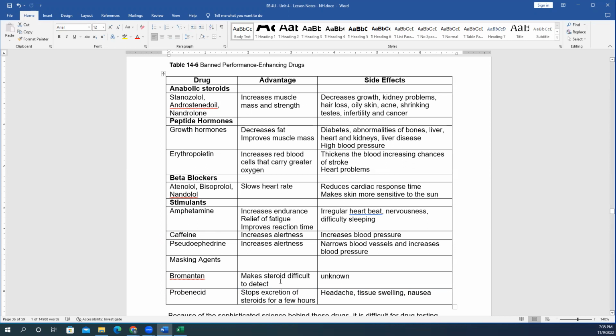And it also shows the advantage that they might give athletes who might be using these substances, but also there's quite an extensive list of side effects associated with the use of these types of drugs.